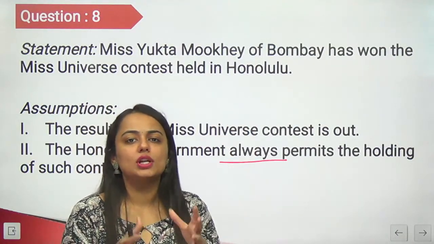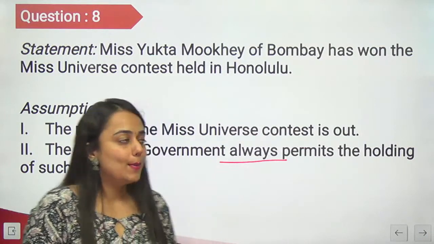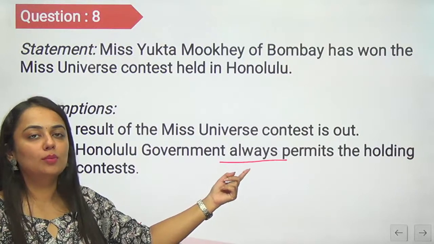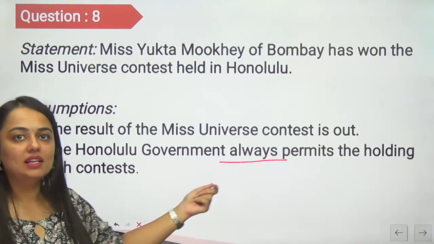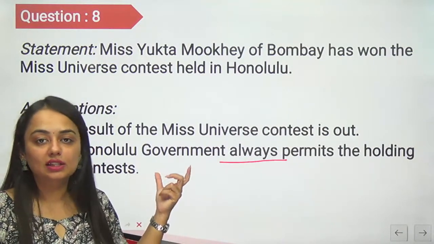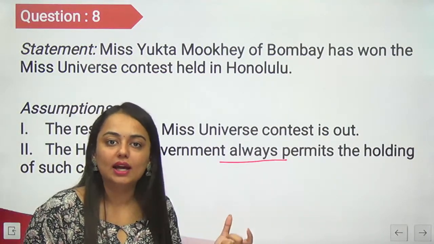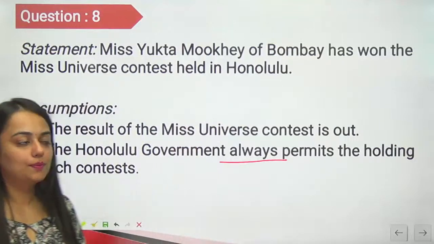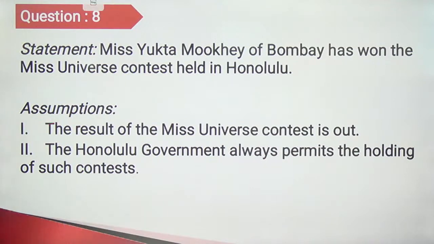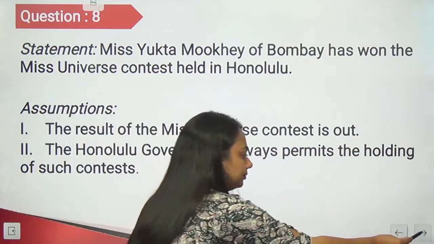In that case, those extreme words do work. But in cases like this, we cannot use always. So this word is problematic here, which shows us that this assumption is not implied in the given statement. So for this, the answer is only the first one. First assumption is implied in the given statement.